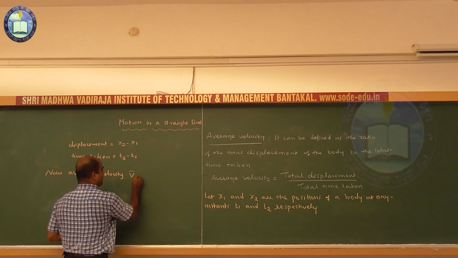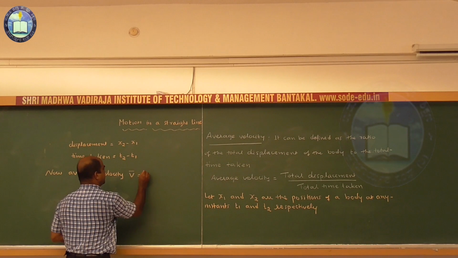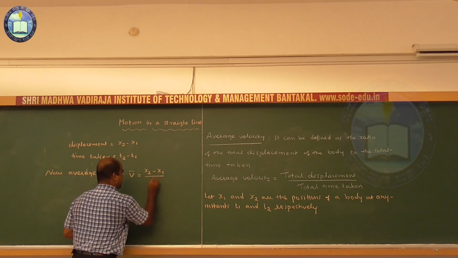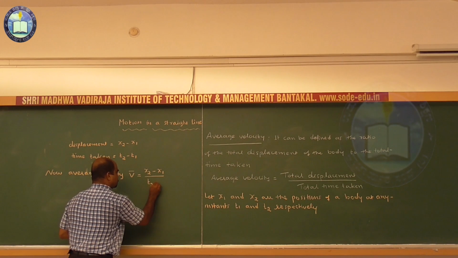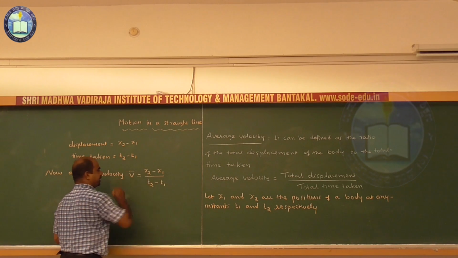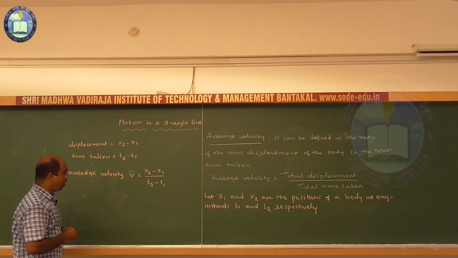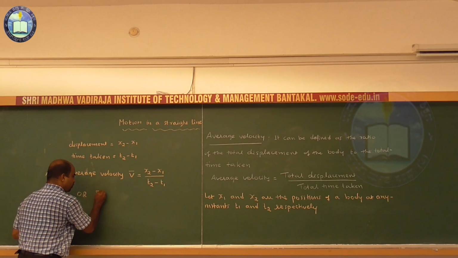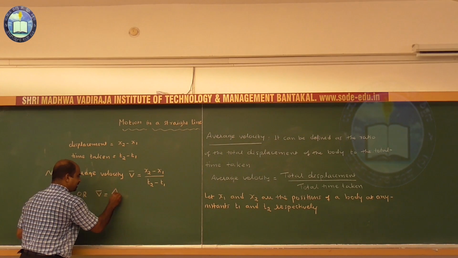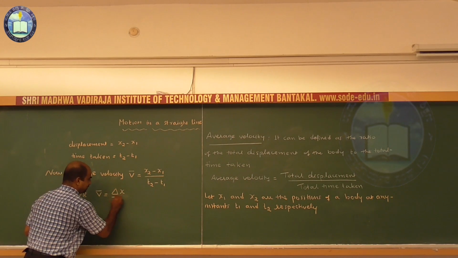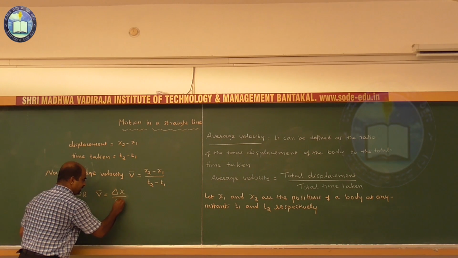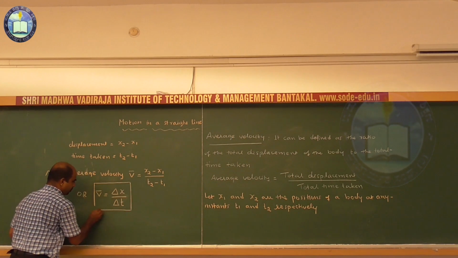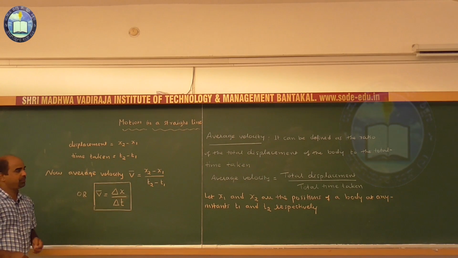So v bar is given by displacement x2 minus x1 divided by time taken t2 minus t1. Or the average velocity of the body is given by v bar equal to delta x divided by delta t. This is the average velocity of a moving body.